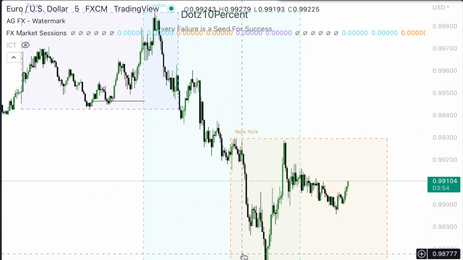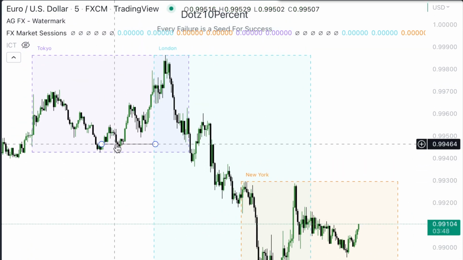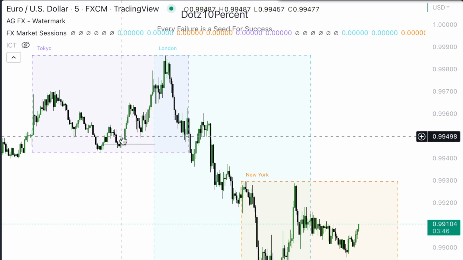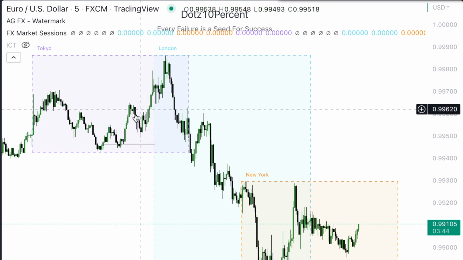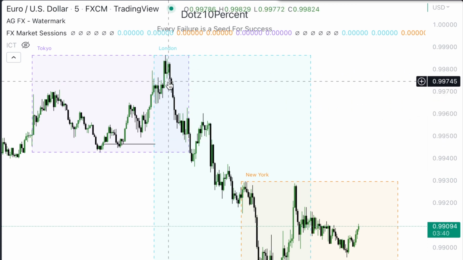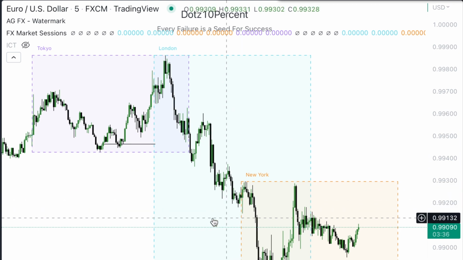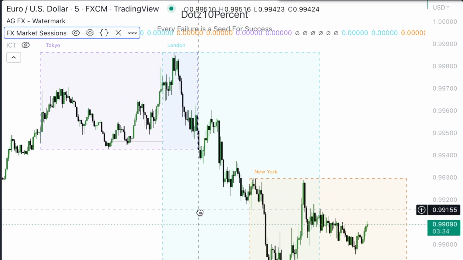And of course, the bottom wick is somewhere around here because this is where we made the low. Cool. This protraction occurs above New York midnight price. We get a market structure shift that goes through New York midnight price, and then we have the expansive move downwards.